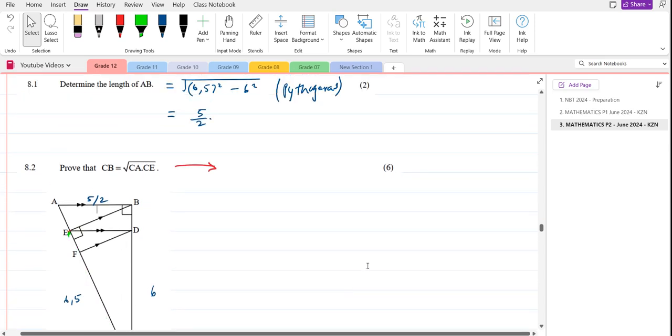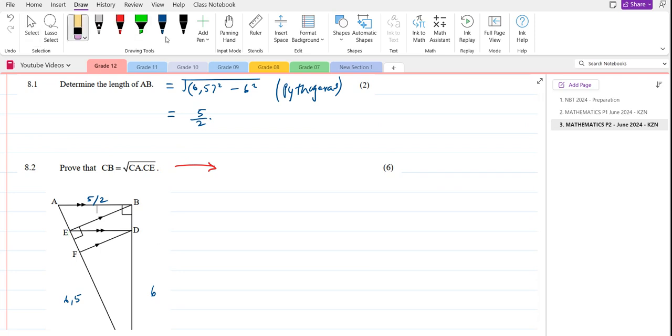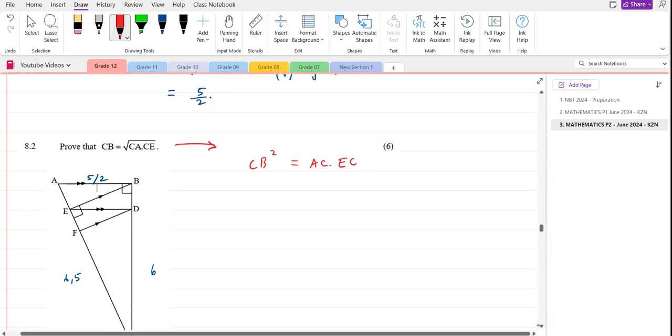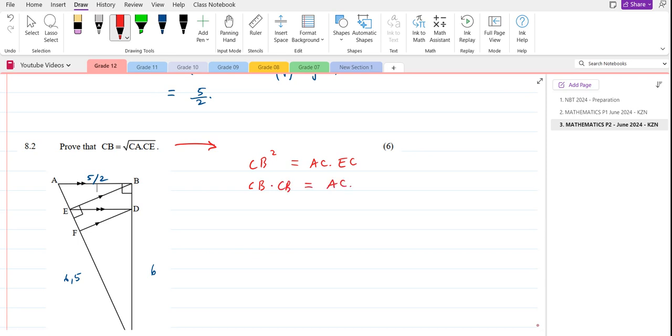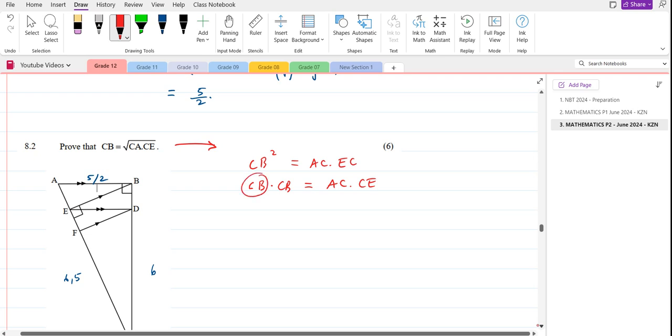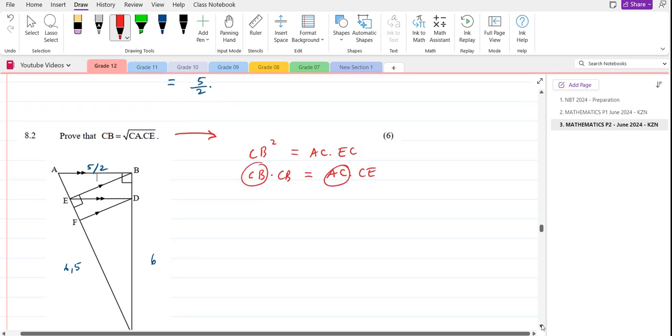So how we're going to work with similar triangles here is we're going to square both sides. So we're going to say CB squared is equal to AC times EC, same thing, squaring both sides. So we can say CB times CB equals AC times CE, right? So we can say CB over AC. So do we have ABC?